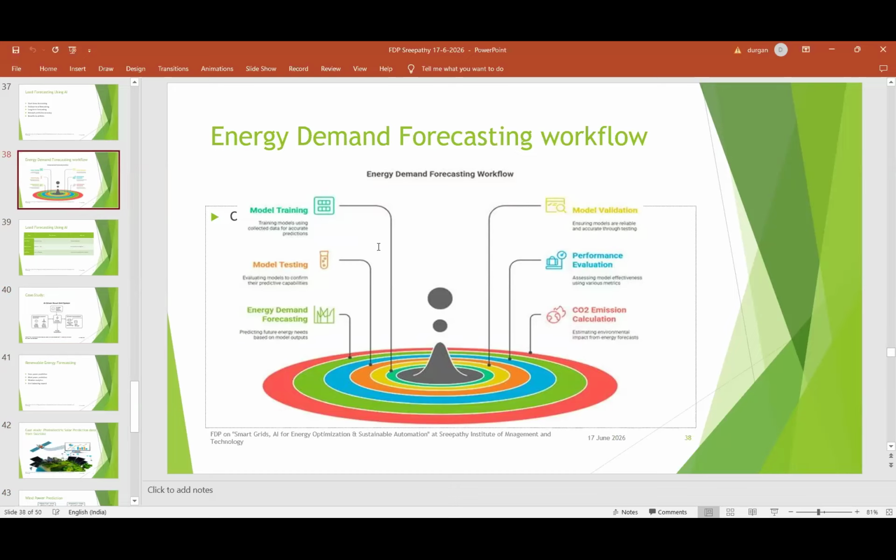It is a type of neural network, and you can use this algorithm for research on energy demand forecasting. It is a good work for scholars going on with their research.